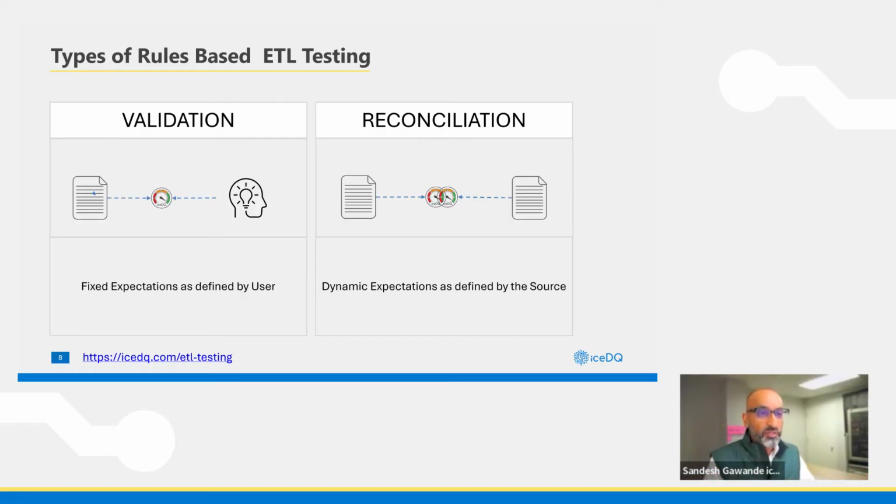So the issue here is you don't know what the expected value is until you actually run the data, and that expected value is actually coming from the source system. So this is where reconciliation rules are used, where the expected data is received from the input side and the actual data is on the output side, and then you reconcile and say, based on certain rules or transformation, if they match or don't match, and then you pass or fail the ETL process.